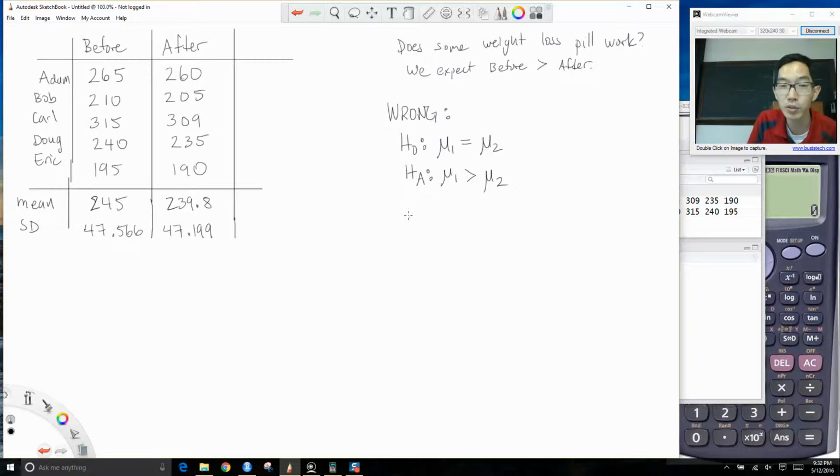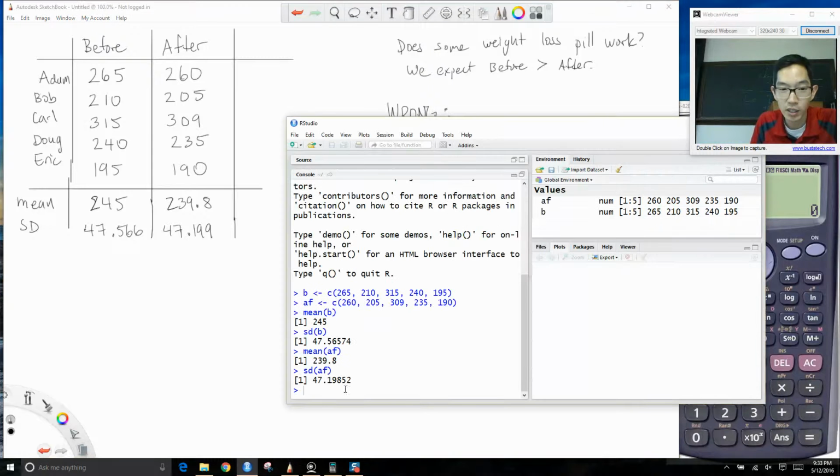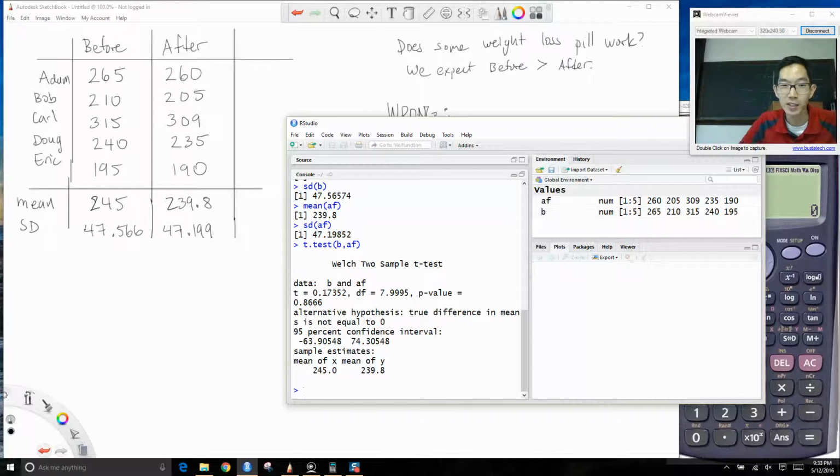We would do our test statistic, which is going to be y bar 1 minus y bar 2 over basically our standard error, square root of s1 squared over n1 plus s2 squared over n2. I could just do a t-test of before and after, and this actually does it nice and easy for us.